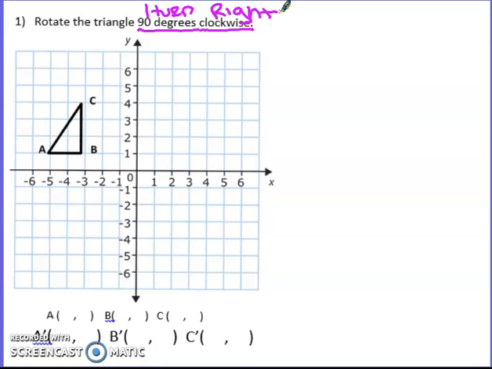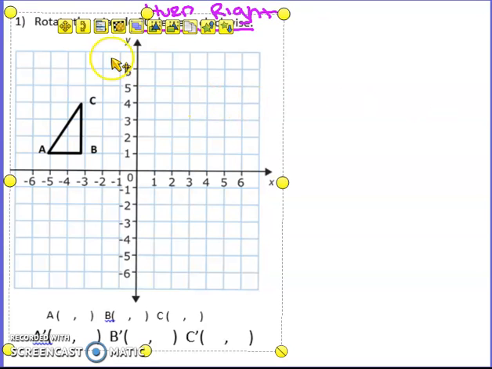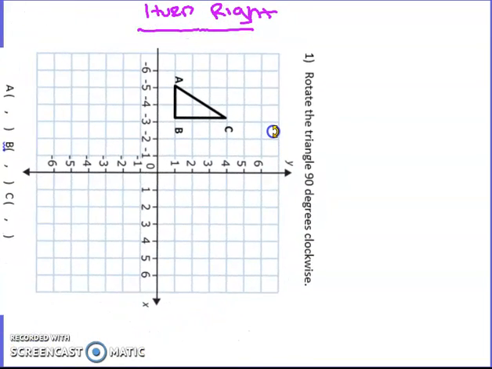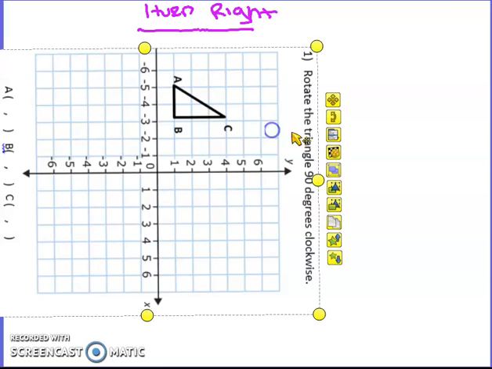My suggestion to you, if you're doing this on your notes paper, is to physically turn it. If this was a test or quiz in class, ask for a piece of graph paper. Just sketch an X and Y coordinate plane and then draw your shape. From here, I want to turn it one turn to the right. So I'm going to take this and turn it one time to the right.